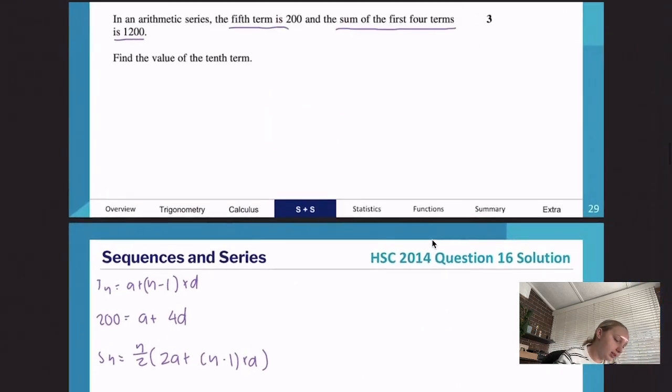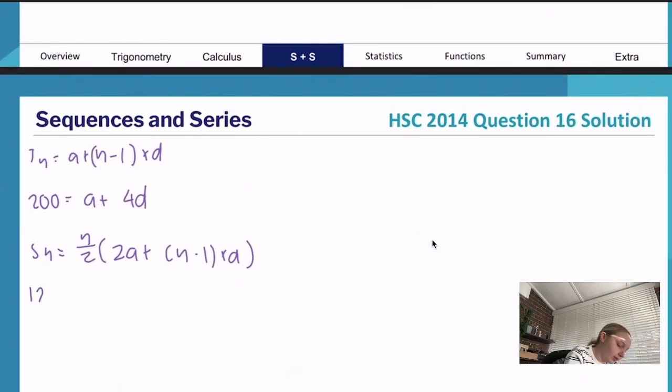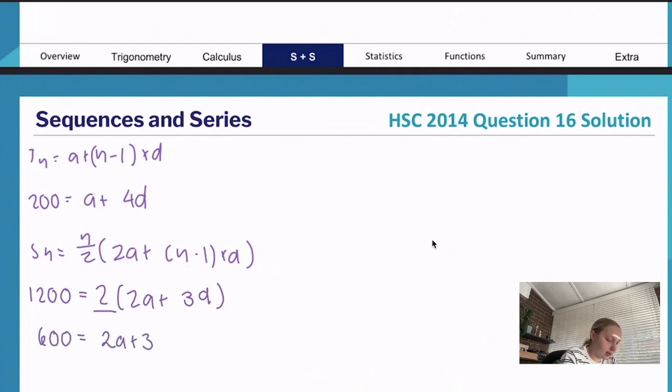They've given us that the sum of the first four terms is 1,200. So we've got 1,200 is equal to 4 on 2, which is 2, 2a plus 3d. We can simplify that as well by dividing this 2 out, so we get 600 is equal to 2a plus 3d.